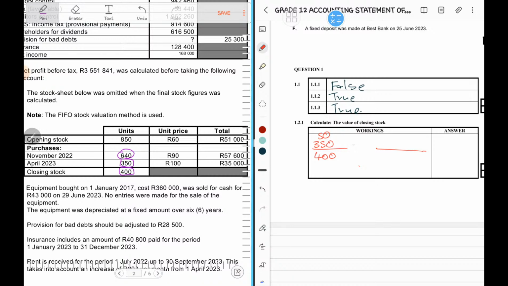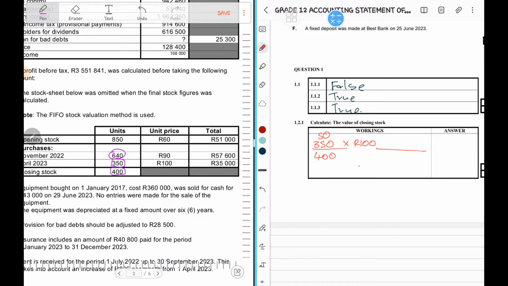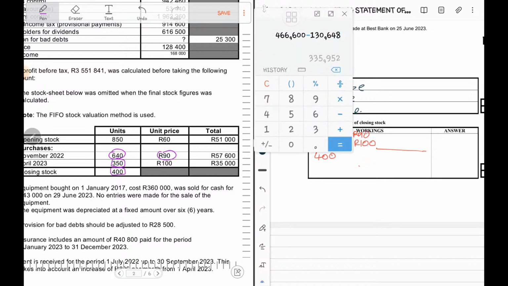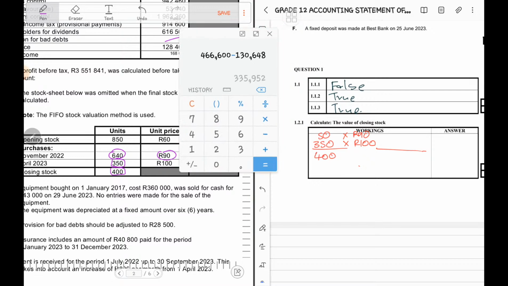Now each unit was purchased at different prices. So 350 units were purchased at 100 rand per unit. Then the 50, meaning that they would be from the November, were purchased at 90 rand per unit. So we're going to say 90. Okay, so it will be 50 multiplied by 90, that will be 4,500.